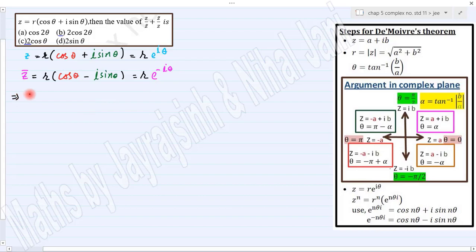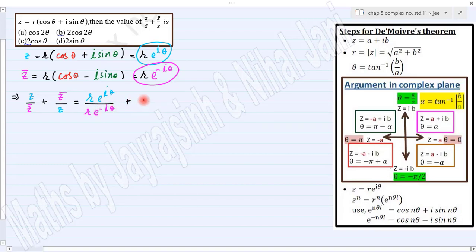Now let's try to get z upon z bar plus z bar upon z. Let's substitute the value of z, which is r into e raised to i theta, and your z bar is r into e raised to minus i theta.